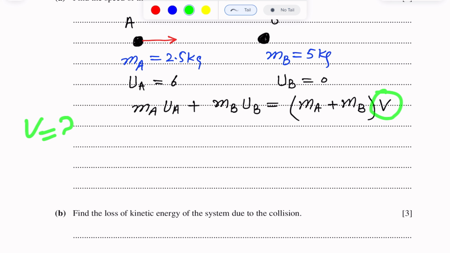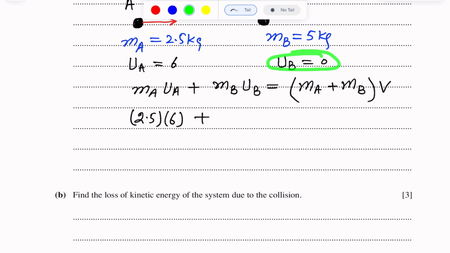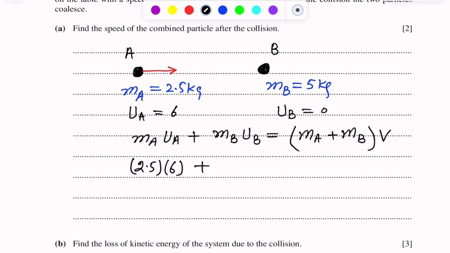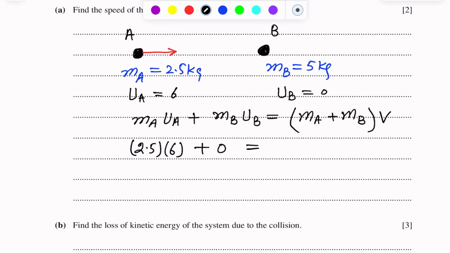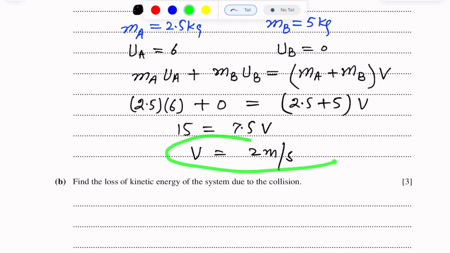We have to find V. Putting the values of mass and speeds here, 2.5 mass of particle A, speed is 6, and the initial speed of B is 0, so this term will be 0. Right side, adding the masses of both particles. Now calculating, we get left side is 15, right side 7.5 V. From here, V is equal to 2 meters per second. This is the speed of the combined particle.